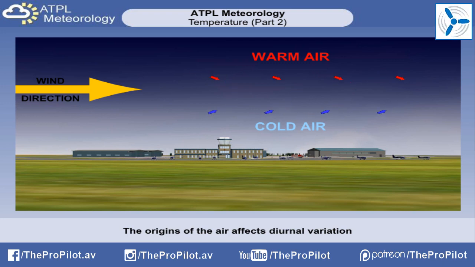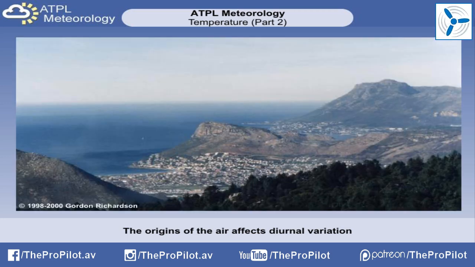The direction, as well as the speed of the wind, has an effect on the temperature. This is mainly a product of the surface over which air is moving. If wind is blowing from sea to land, or vice versa, the effect on the temperature will depend on the time of day.